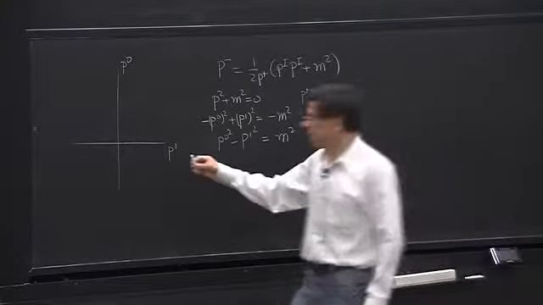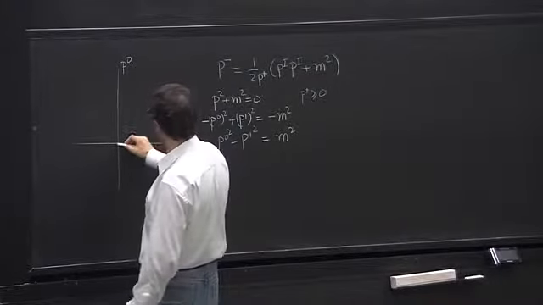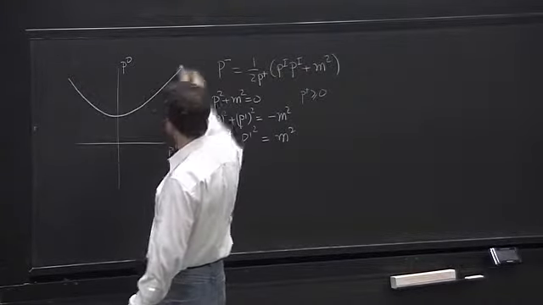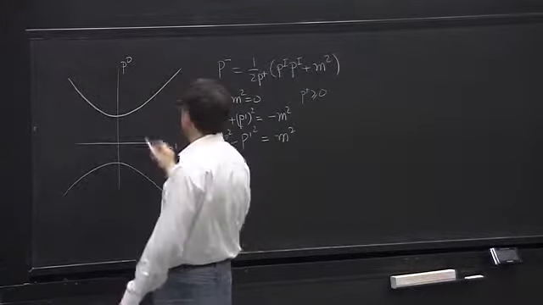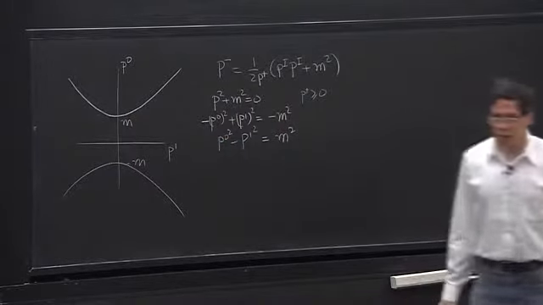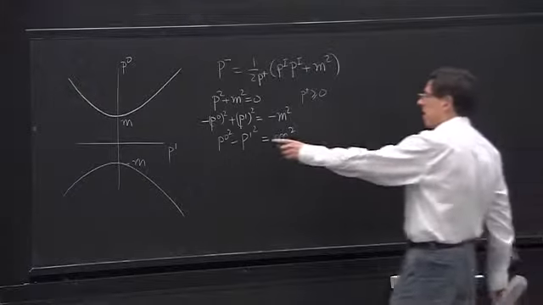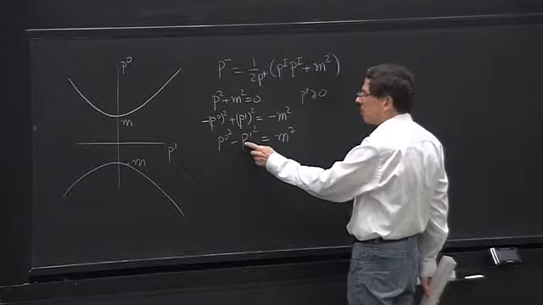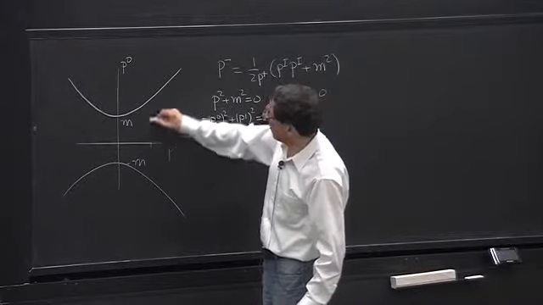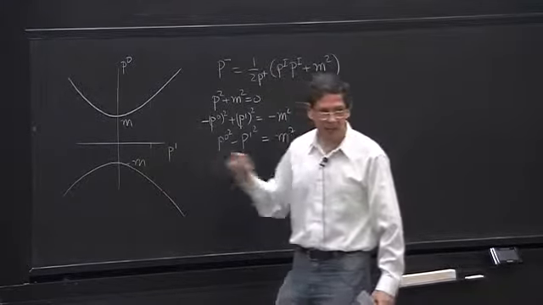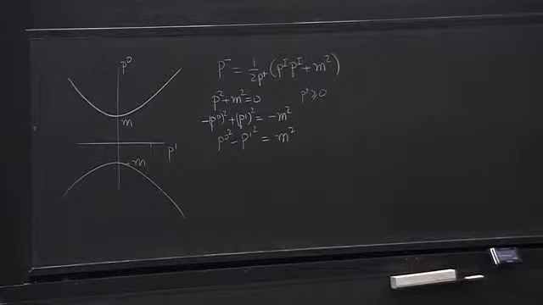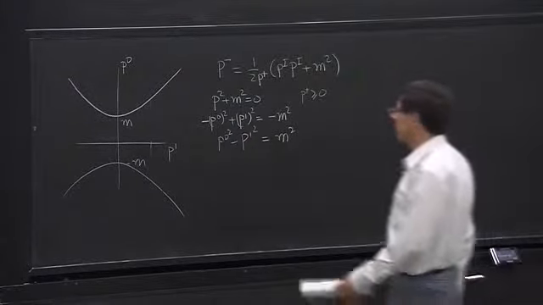And that gives you this usual hyperbola with M and minus M. And indeed, you realize that if you want to solve for P0 as a function of P1, you have to take a square root. And for any value of P1, you get one positive square root, one negative square root. And one is the positive energy solution, one is the negative energy solution.